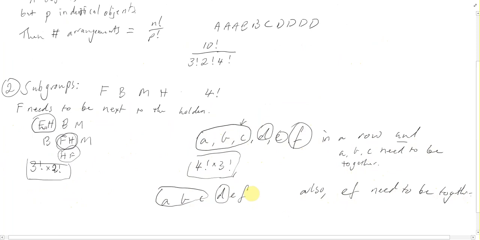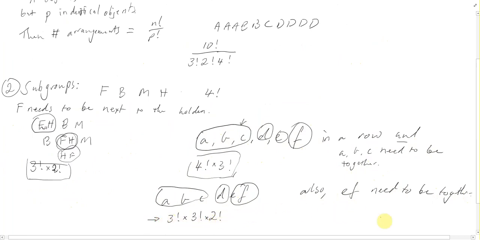D is a group by itself, and E and F is a group now. So we have 1, 2, 3 groups, 3 factorial. In this group, they have 3 factorial ways of arranging. This is just a 1, so that's fine. And then this is a group of 2, so there's 2 factorial ways of arranging that group. So there's our answer. We'd multiply that out, and that would give us our answer there.